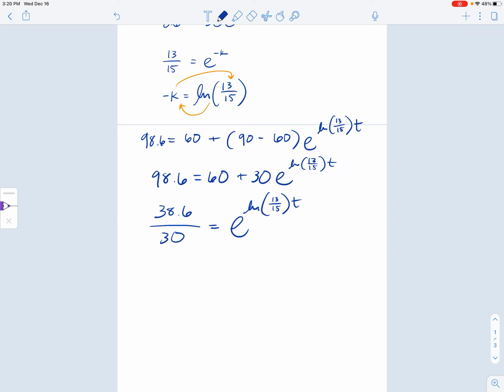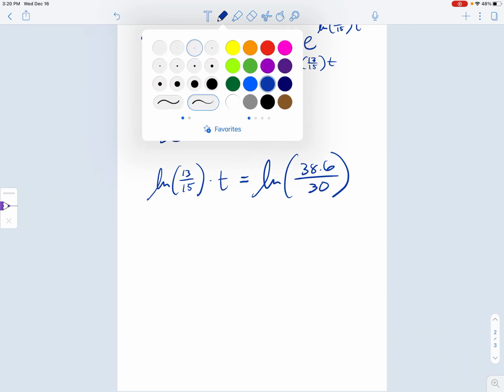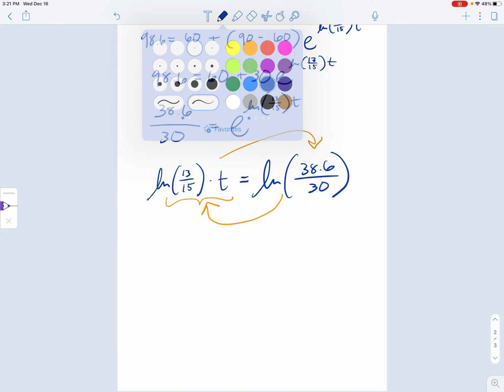Let's rewrite this in its equivalent logarithmic form, which would be ln of 13/15 times t equals ln of 38.6 divided by 30. And remember, you can always check, draw your arrows: e to this power equals 38.6 over 30, and that's true.